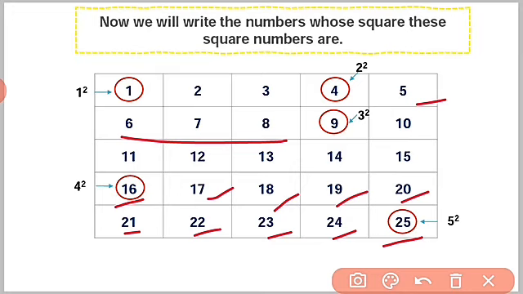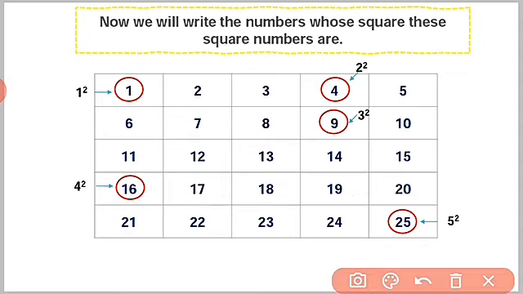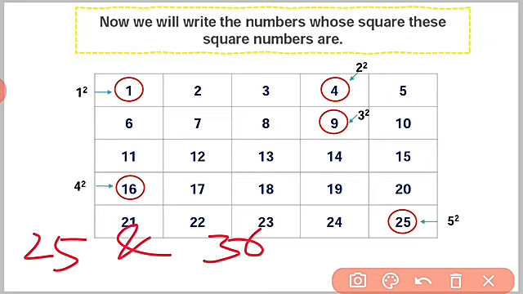There are a total of 8 natural numbers between the square numbers 16 and 25. So if I ask the next question, how many natural numbers will be there between 25 and 36? How will we find it?